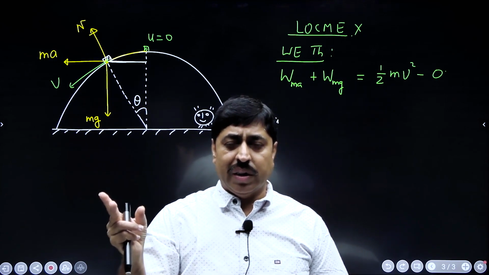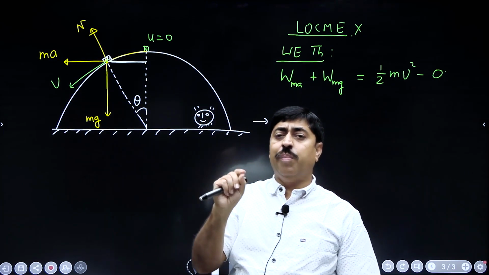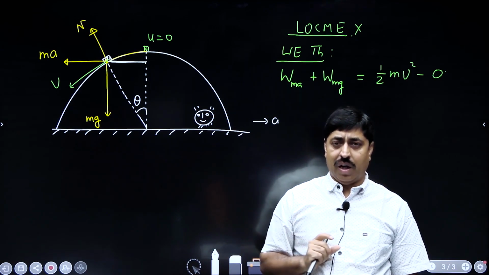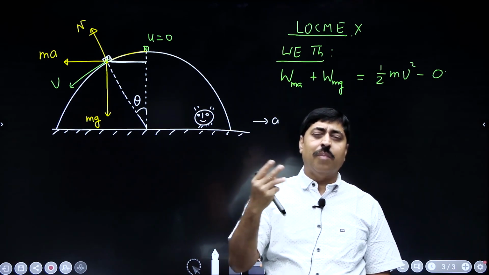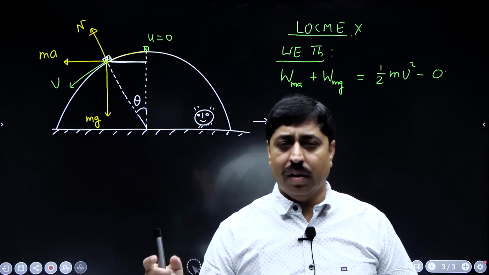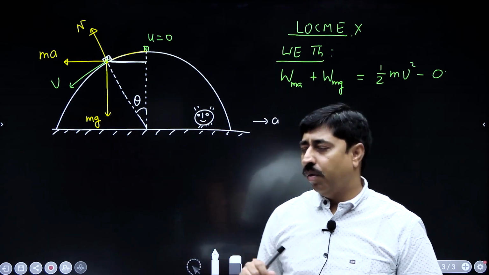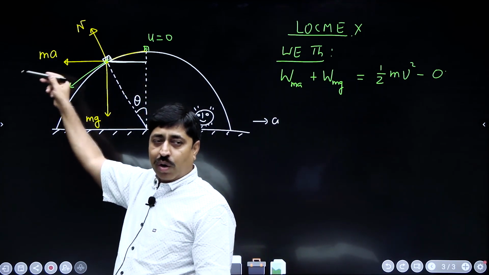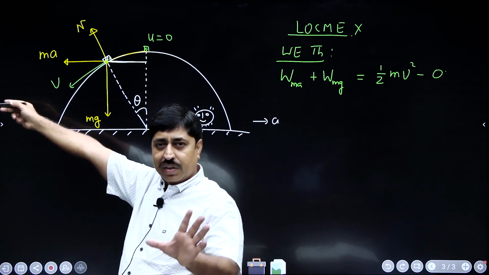So, work done by constant forces do not depend on path taken. They are independent of actual path. The work done by such forces can simply be written as dot product of force and displacement. So, in rather simple language, Ma is the force which is horizontal and was acting in this direction.